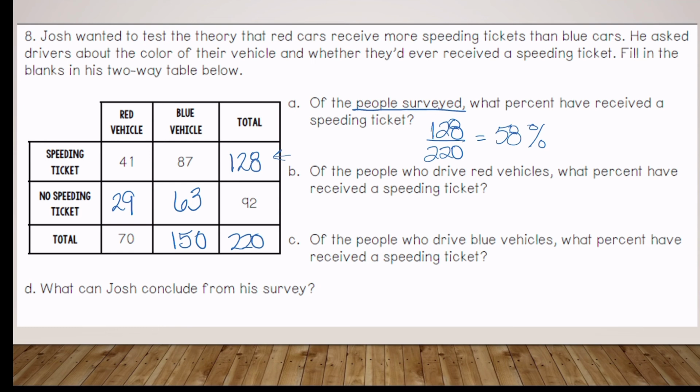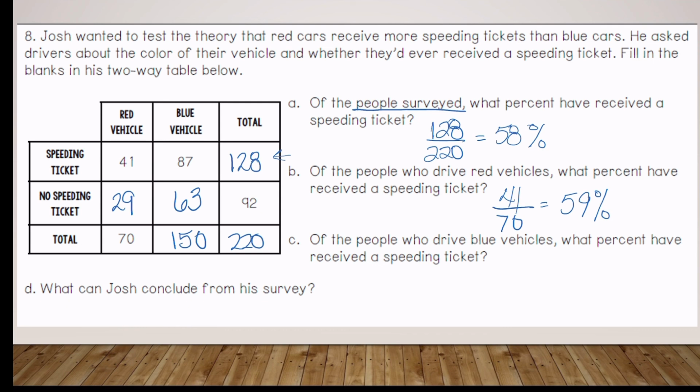Of those that drive a red vehicle, what percent got a speeding ticket? We know there were 70 people who drive a red vehicle. Of those 70, how many got a speeding ticket? 41. So when we calculate this, 59% of those red car owners got a speeding ticket.